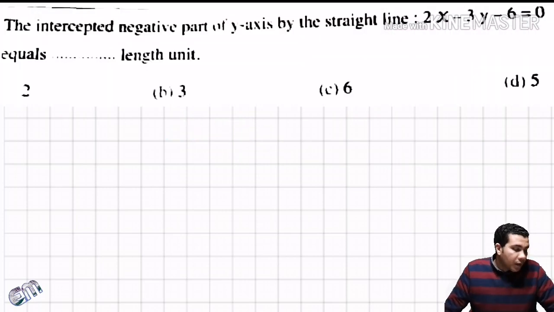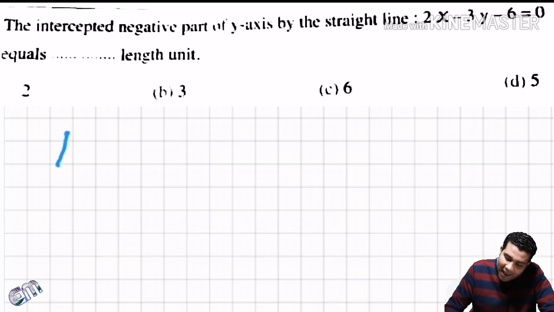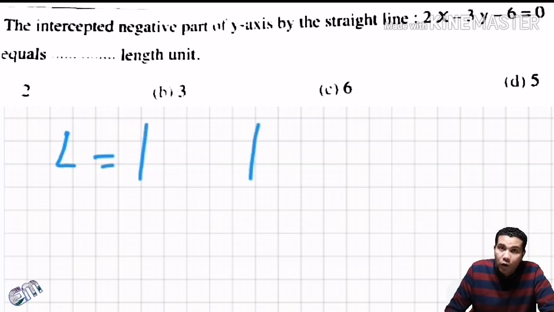Example number 6 تراكمي شويه. The intercepted negative part of y-axis by straight line 2x minus 3y minus 6 equals 0 equals what? The intercepted part of y-axis, denoted by the symbol L, equals absolute value of what?